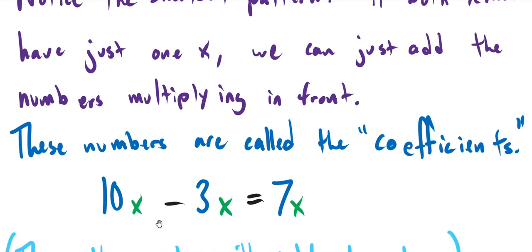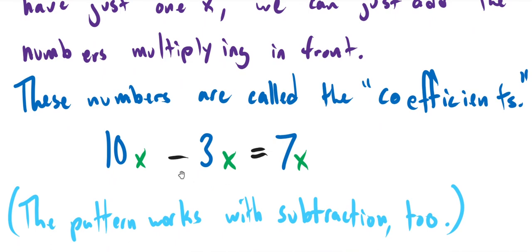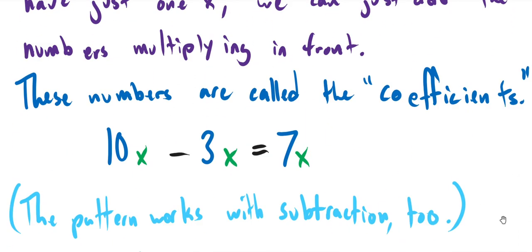Let's look at another example. Here I have 10x minus 3x is equal to 7x. Now the pattern works for subtraction as well. We could pull out the common x, take 10 minus 3 to get 7, and that would be 7x. It's very usual to not write the whole distributive property part of this, but it's why it's working. It's why we're able to do it this quickly. Now, these are called like terms.